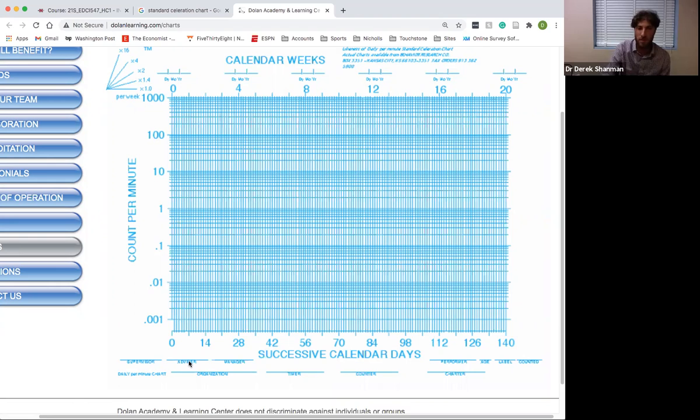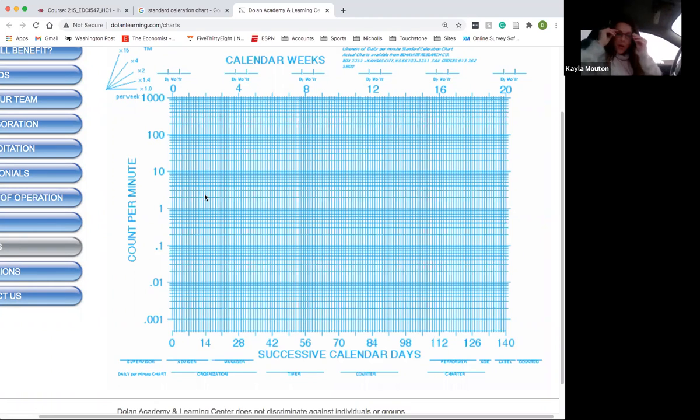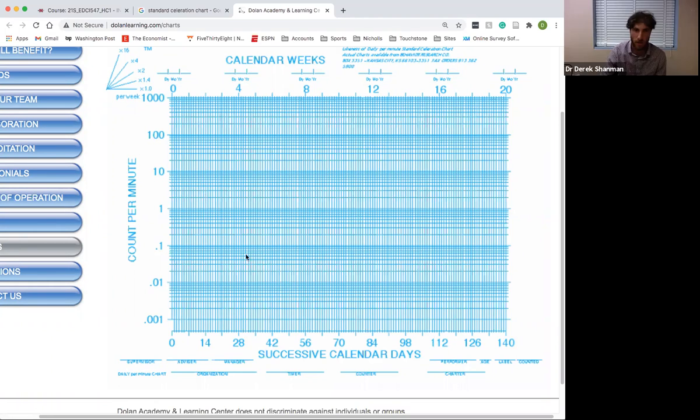The other piece to the standard acceleration chart that is often not used is that the time period being observed is recorded. Like I said, I'm going to dig up that video and post it for you so you can see how it's used.